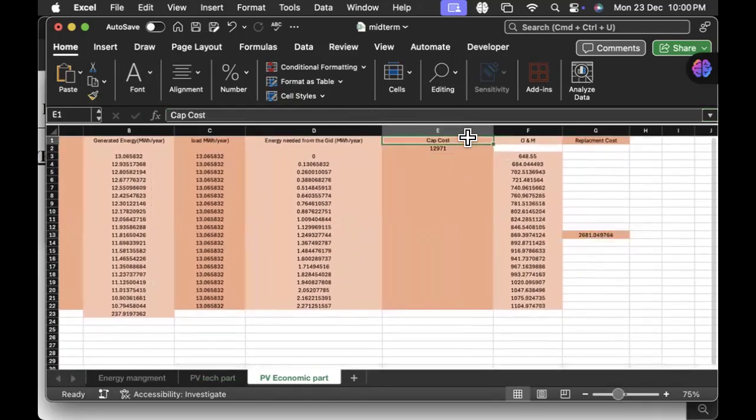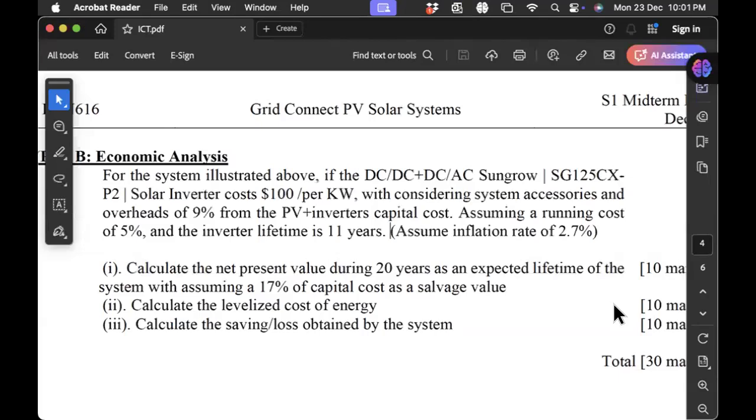So we have the capital cost, the operation and maintenance cost, the replacement cost. Sometimes whenever we have a salvage value for the system, we can insert it as a salvage value for the system, if we think that this is important.